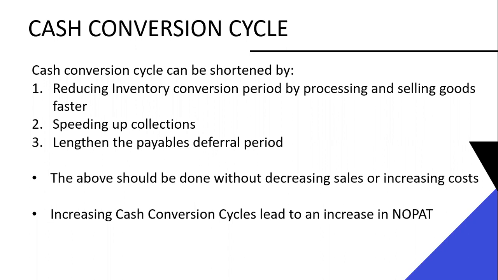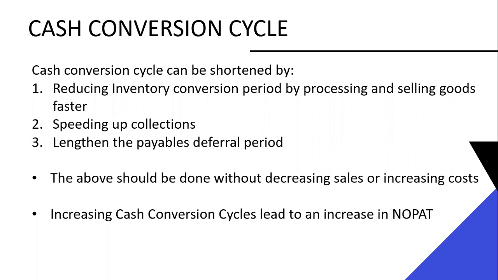So the cash conversion cycle can be reduced or shortened by taking certain steps. The first step is you can reduce your inventory conversion period. Basically, you can start turning around your inventory and really processing it faster. If you start processing the inventory faster and it's ready to be sold faster, then your cash conversion cycle will go down.